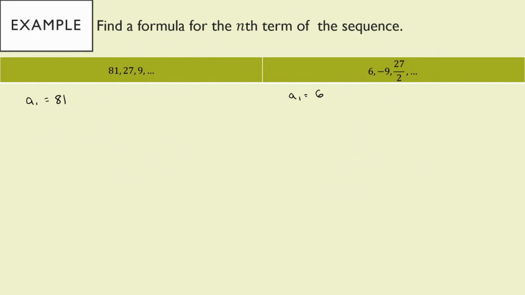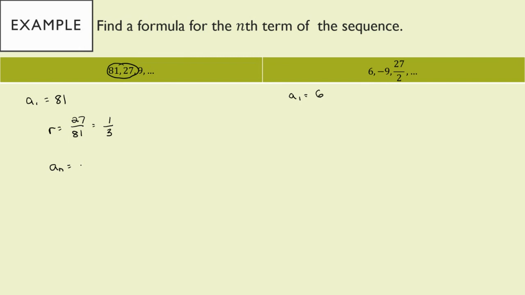Next, you need to find r. That's where you're going to have to take one of the pairs and then divide them. So r here is going to be 27 divided by 81. And that reduces to 1/3. So once you have that, that's all you need because it says to just find a formula, so you don't have to do anything else.